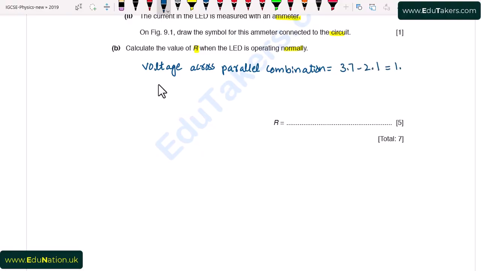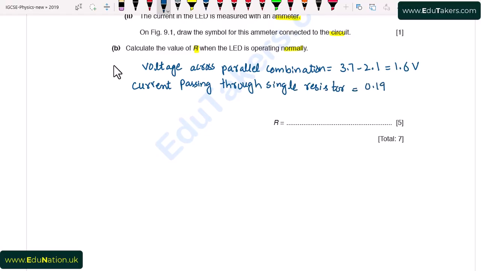It is equal to 1.6 volt. Now the current passing through the single resistor will be equal to 0.19, that is passing through the whole circuit, divided by 2. It comes to be 0.095 ampere.